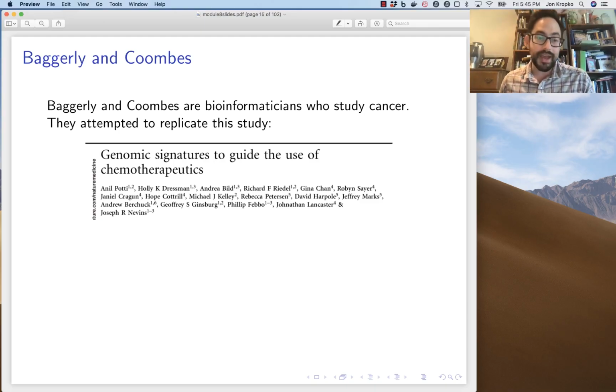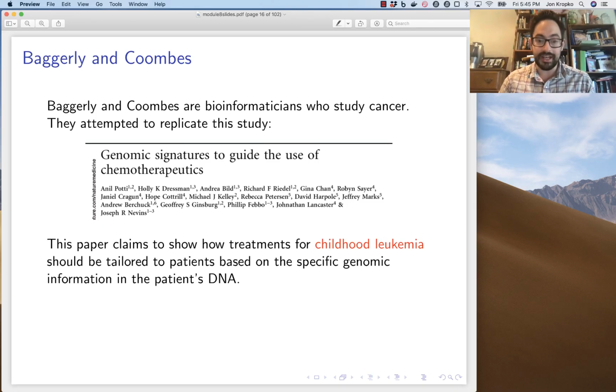So Baggerly and Coombs, they were talking about this paper, Genomic Signatures to Guide the Use of Chemotherapeutics. This paper appeared in a really prominent medical journal. It claimed to show how treatments for childhood leukemia could be tailored to patients based on the specific genomic information in the patient's DNA.